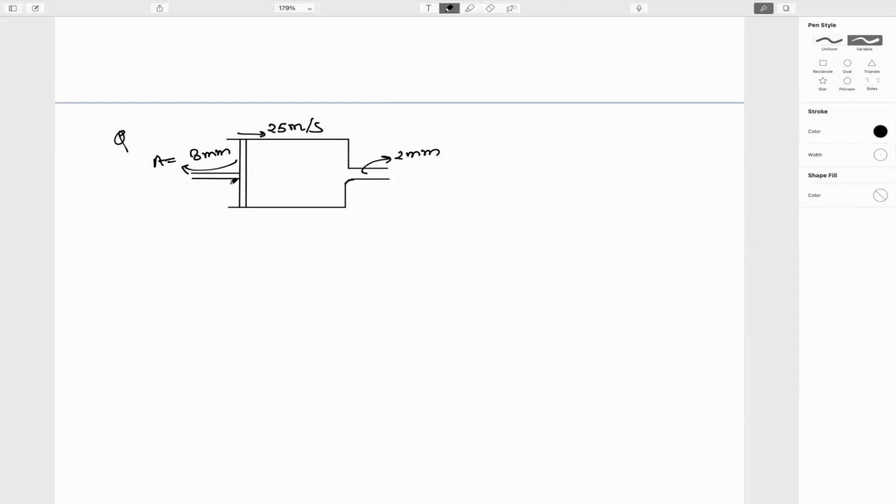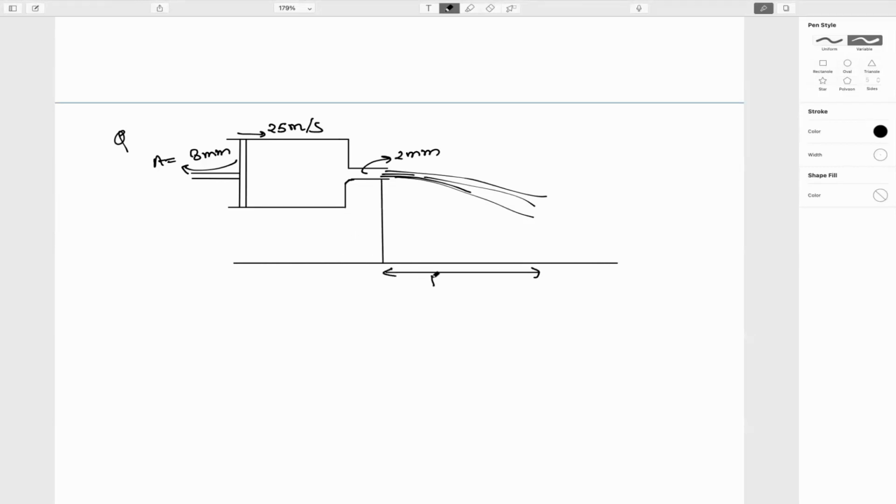When the piston is moving, fluid flows out from here and goes here. What is the range covered by the fluid when it is flowing out? We need to find the range.